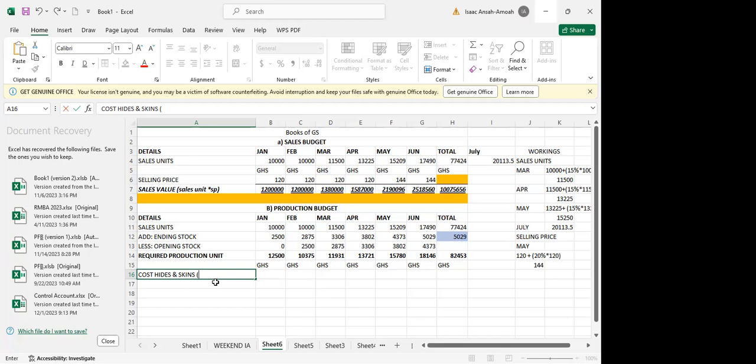No, we have to pay attention to the policy. We are working with a policy, and that's what we are running with. The policy says that it should be the following month's planned sale. Which month follows June? It's July. So you can't come back to January. If you want the ending stock of June, it should be 25% of the planned sale of July.